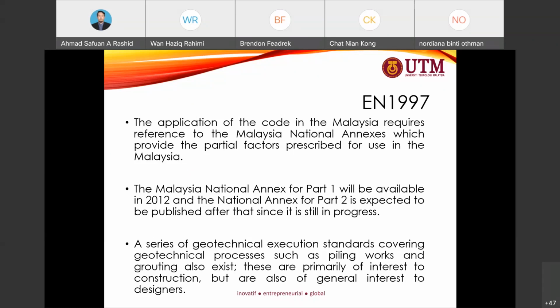A series of geotechnical execution standards covering geotechnical processes such as piling works and grouting also exist. They are primarily of interest to construction, but also of general interest to designers.